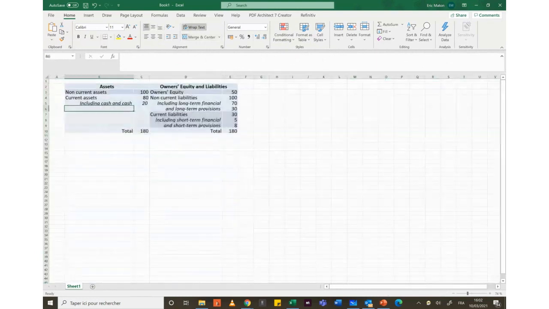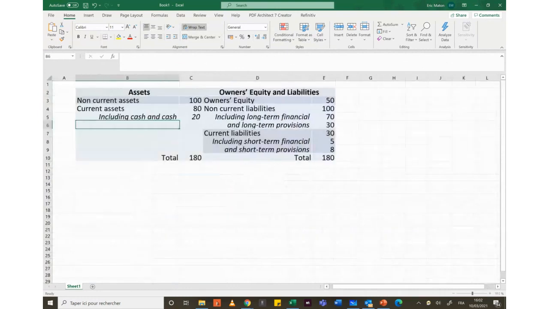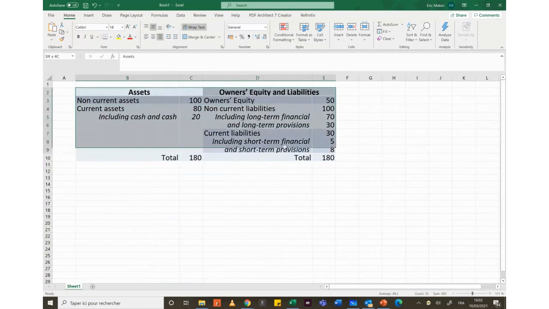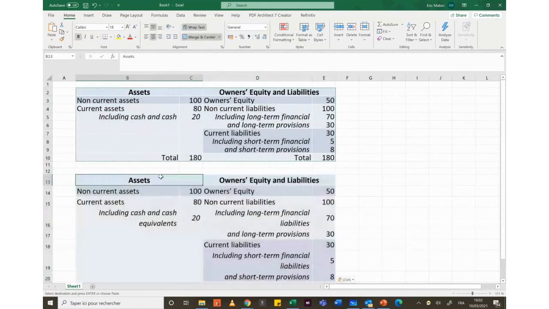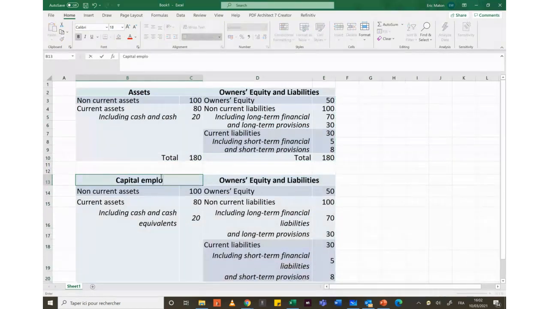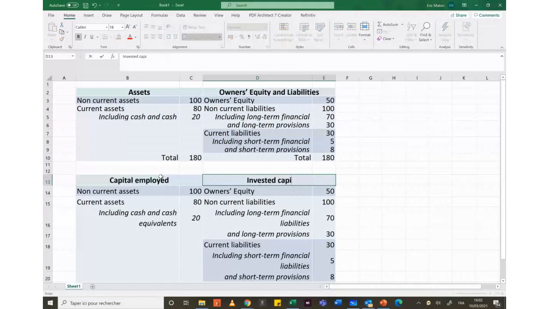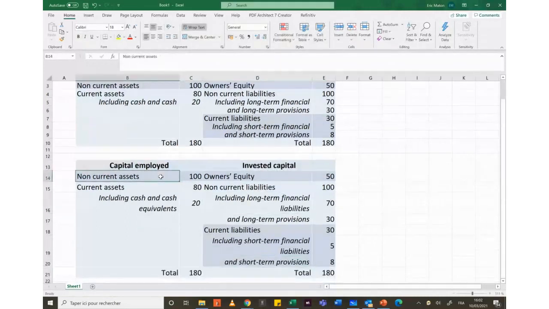So here, what we want now is the capital employed on one side and the invested capital on the other side. So what we need is the net operating assets and the financial assets. And now we have the total capital employed.